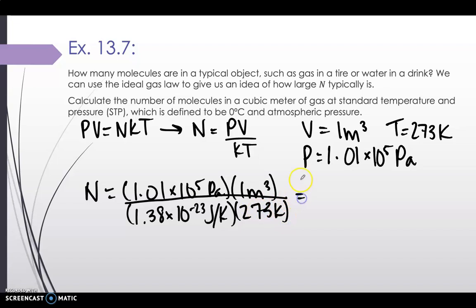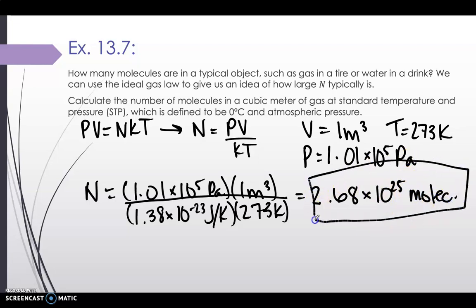Once we plug that into our calculator, we get the number of molecules is 2.68 times 10 to the 25th molecules. All right, so this is our number of molecules in a cubic meter of gas.